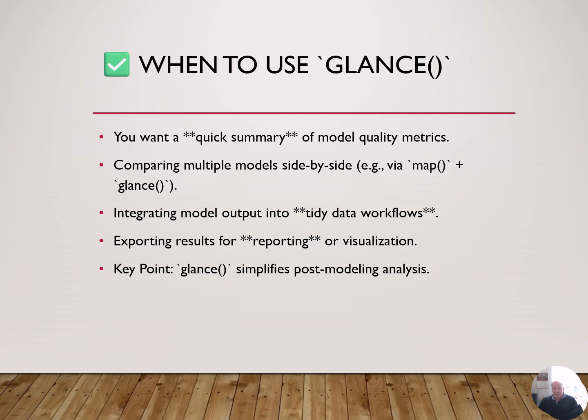You use glance when you want a quick summary of model metrics, when comparing multiple models side by side, integrating model output into tidy data workflows, and exporting results for reporting or visualization. Glance simplifies post-model analysis.